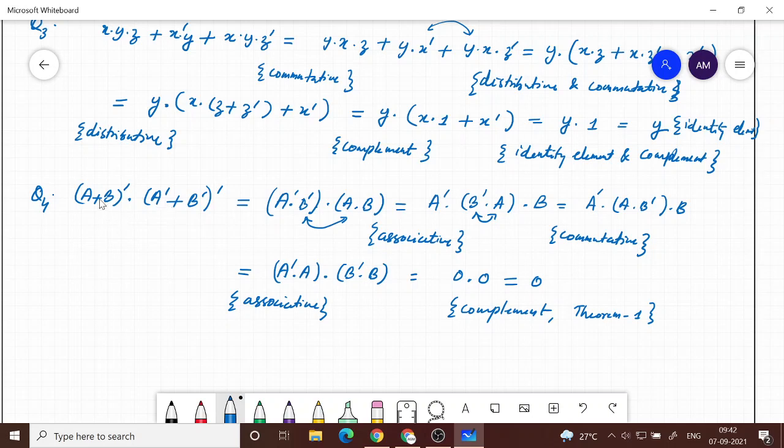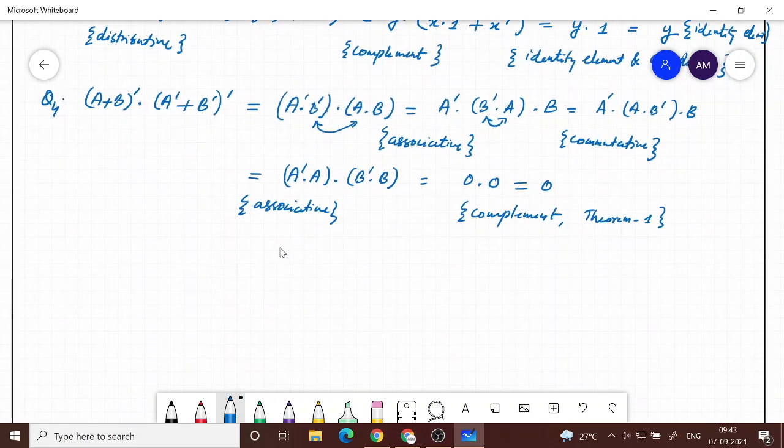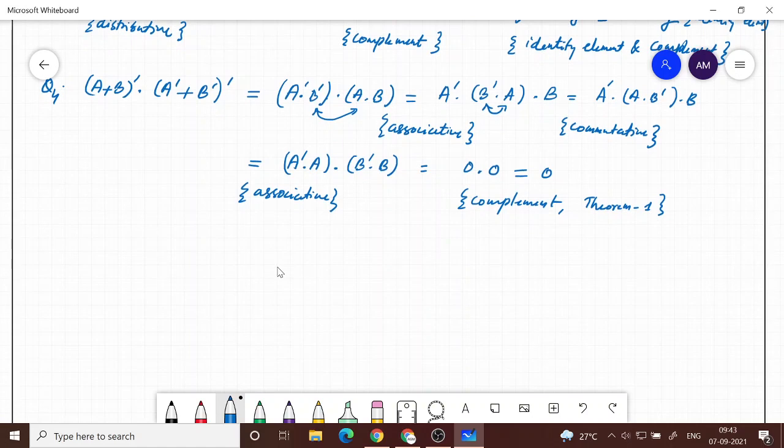So this function, if you see, it was basically a very simple function, that is 0. It is a constant. Irrespective of whatever is the input combination of a and b, whether it is 00, 01, 10, 11, it is giving you 0 for all the input combinations. So it's a constant. So constant could be either 0 or 1. Okay, so this way you can simplify.